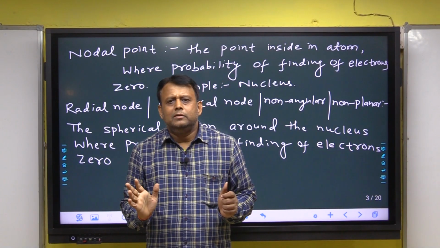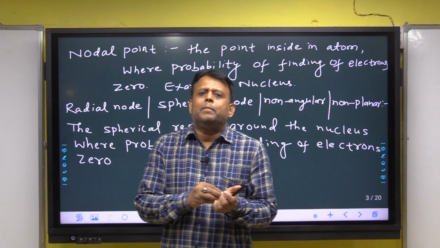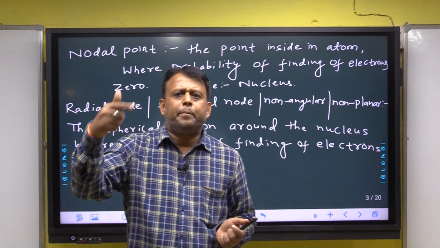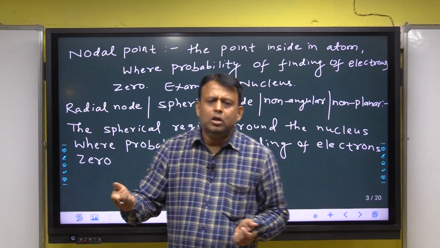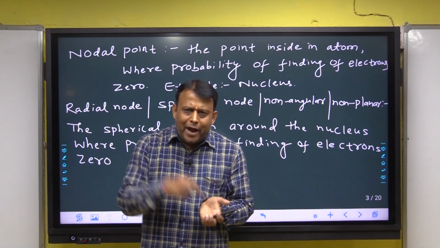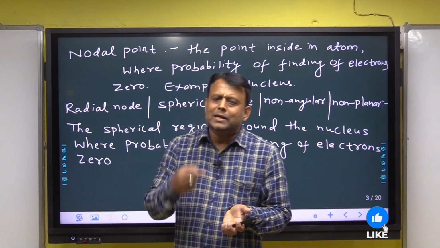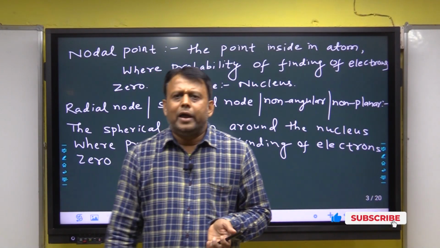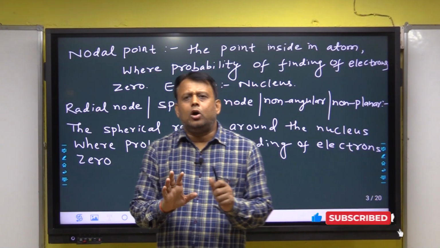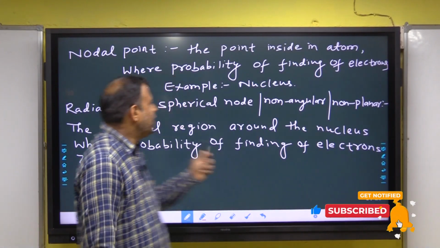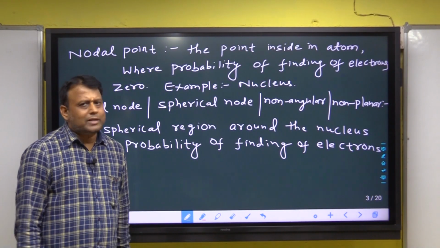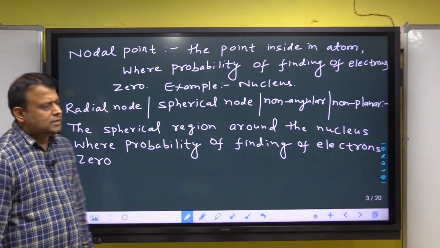Always keep in mind, the second name of the nucleus is nodal point, because a node means where the probability of finding an electron is 0. Clear? Example of a nodal point: the nucleus.